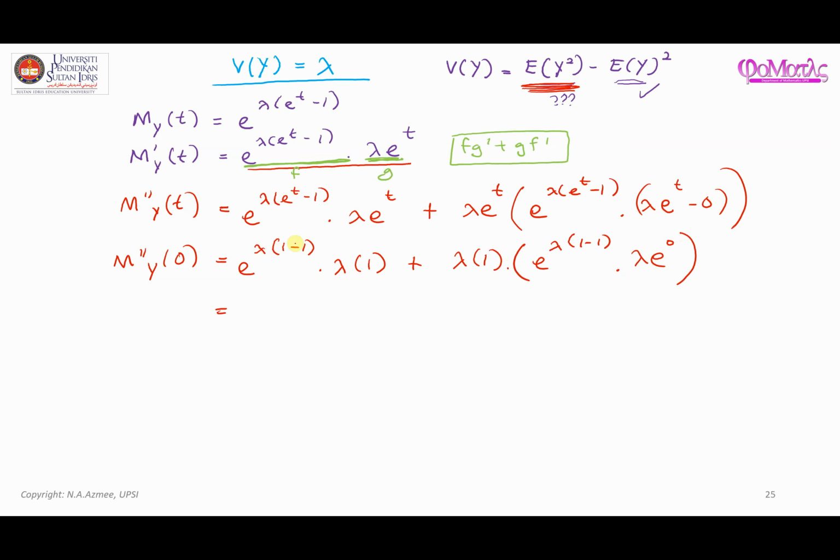Simplify that: 1 minus 1 is 0, so this is 1 times λ, plus λ times 1. So the result is λ plus λ squared.